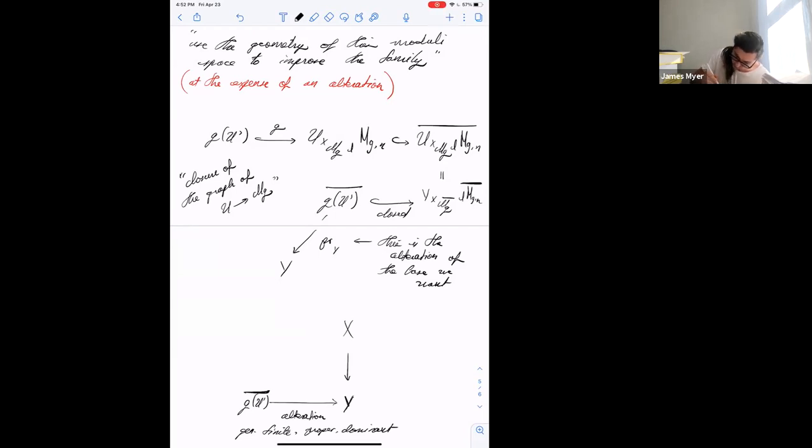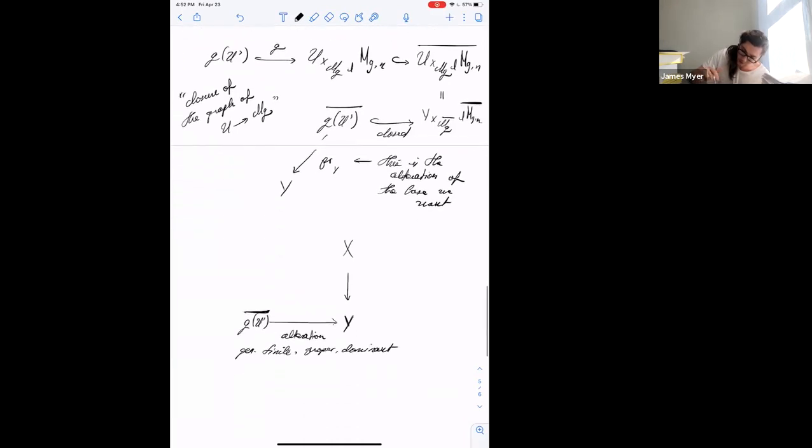But this thing has a map to, there's also a projection onto the other factor. Let me actually do this. It lives in the product, so it has projections onto both factors. In particular, it has another projection onto this thing.